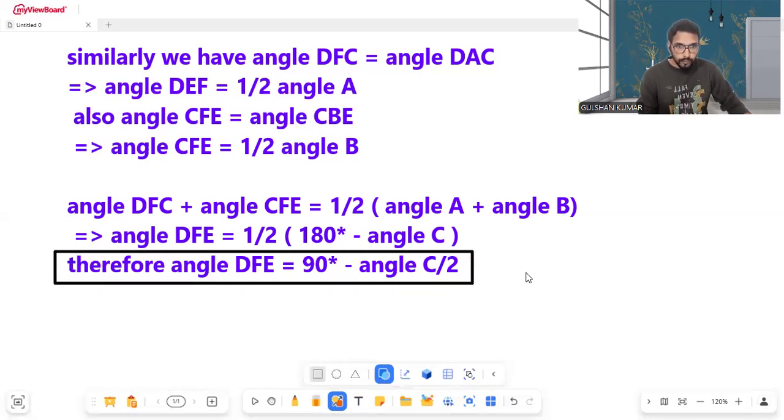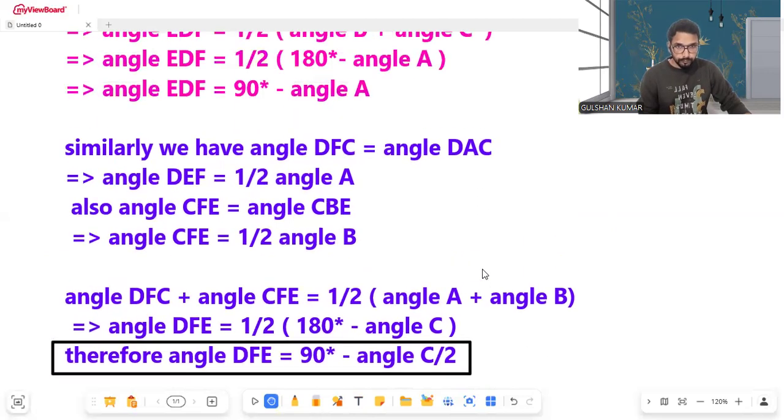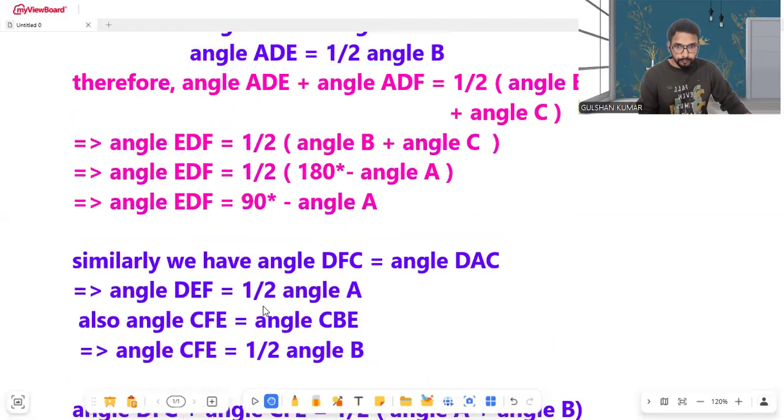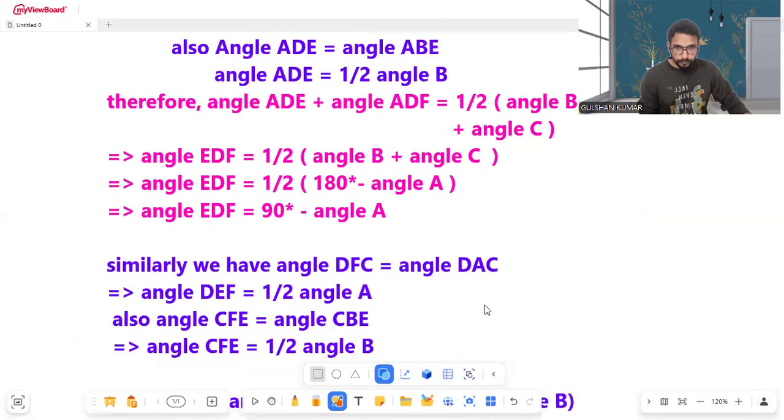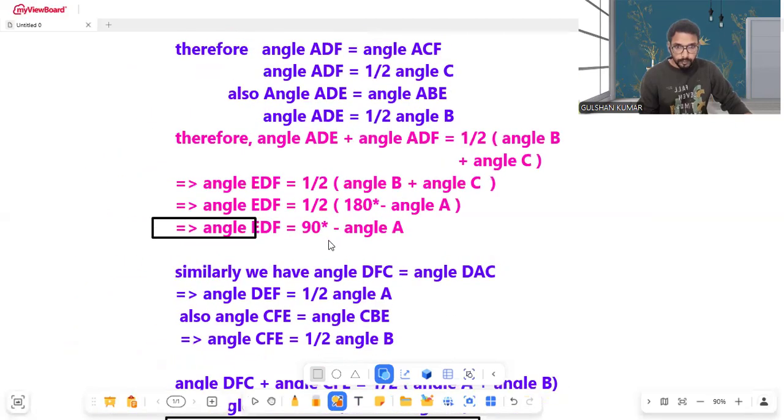this one. Okay. Sorry, not this one. This one. Okay.